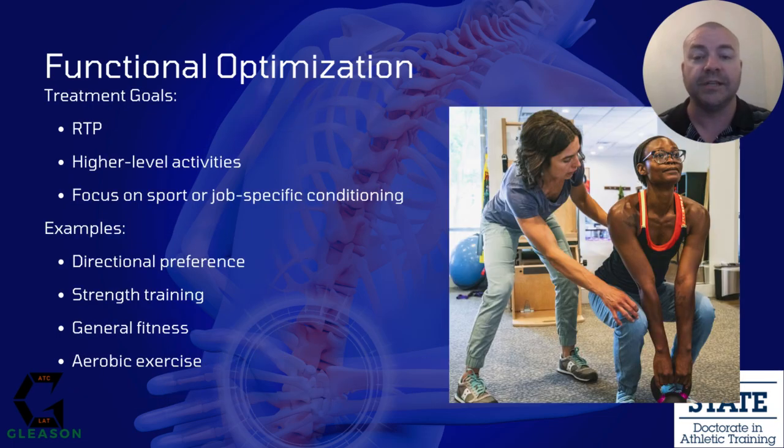So as we see in this slide, our treatment goals are going to be return to play or work. They're going to be higher level activities, and they're going to focus on sports or job specific conditioning or activities strengthening. So if you want to think about directional preferences here, earlier in that stage they feel better in flexion, they feel better in extension.